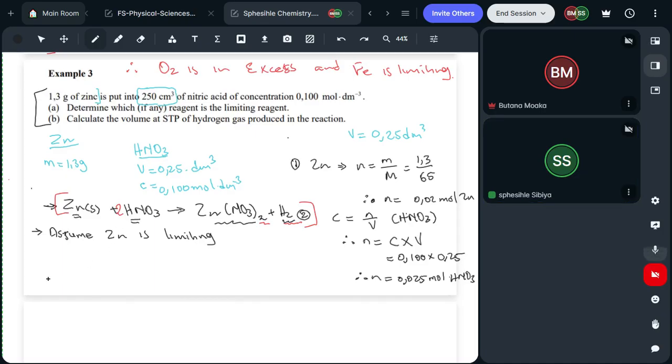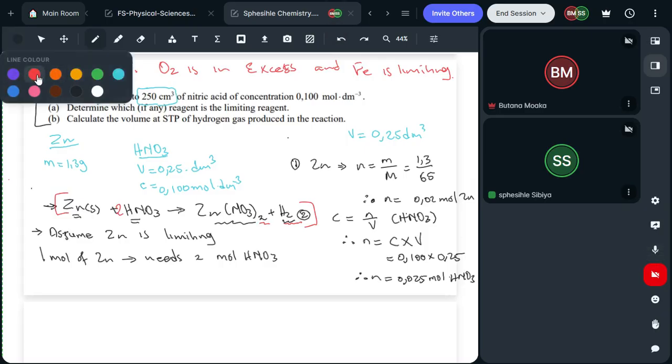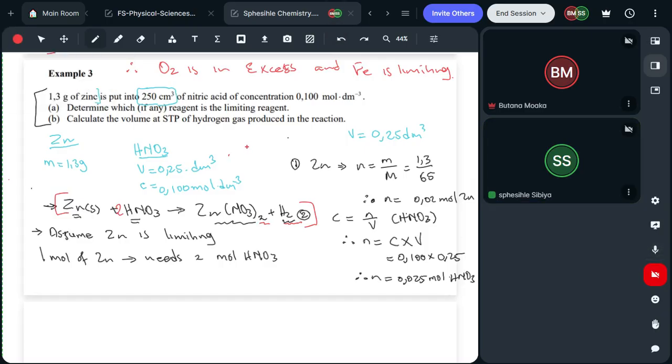So this tells me that 1 mole of Zn needs 2 moles of HNO3 according to the balanced equation.